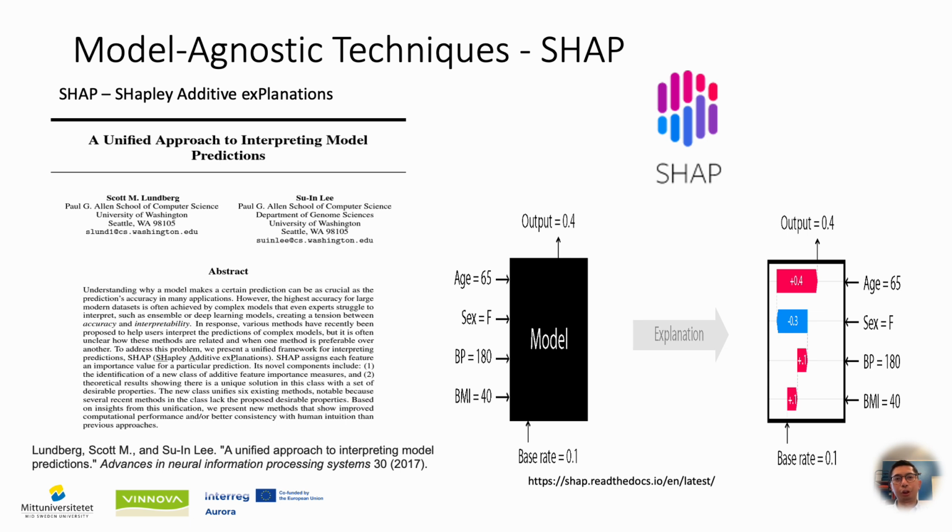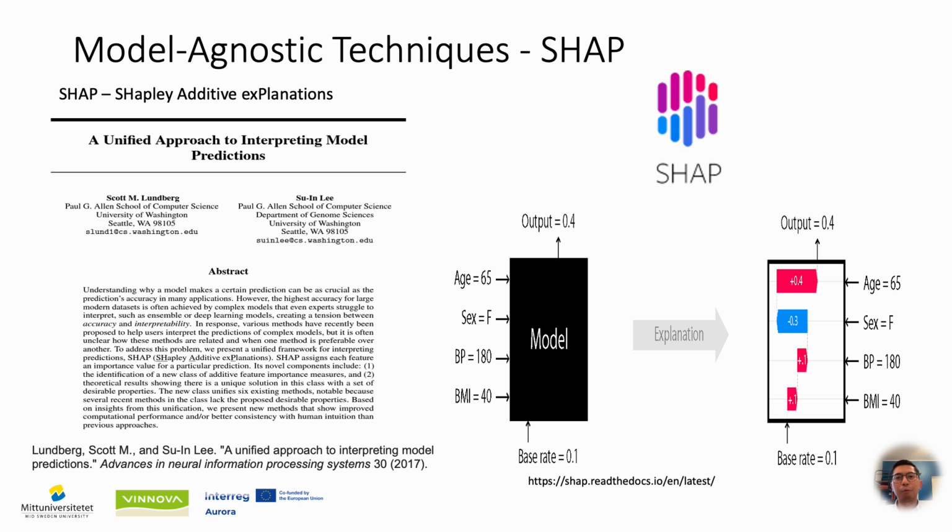Here we come to SHAP, Shapley additive explanations. On the left, you see the original paper, which introduced SHAP as a unified framework for interpreting model predictions. It is one of the most cited works in explainable AI. On the right, you see how the SHAP Python library brings the idea into practice.